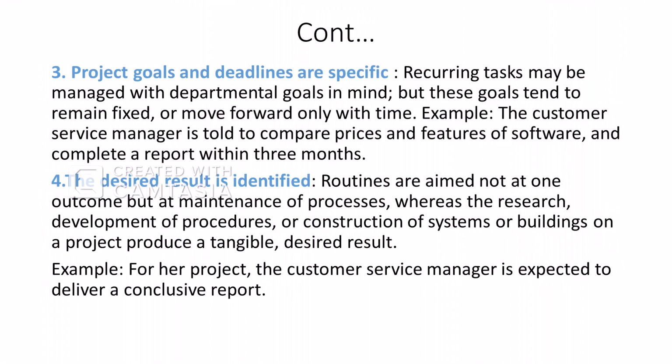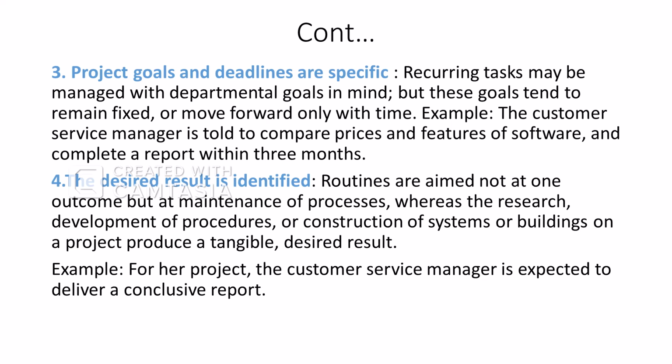Projects are related. The third way is that project goals and deadlines are specific. Recurring tasks may be managed with departmental goals in mind, but these goals tend to remain fixed or move forward only with time.